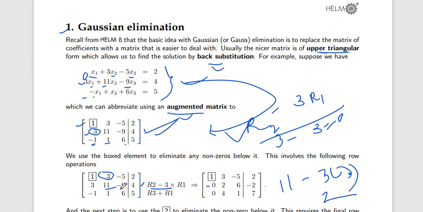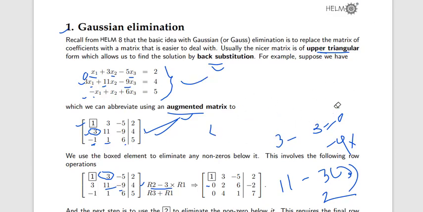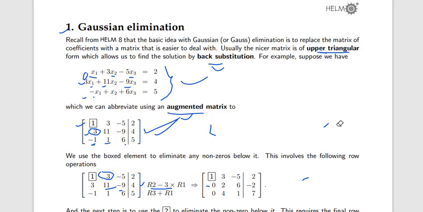Then, -9, R2 minus 3 R1: -9 minus 3 into -5. Here minus times minus gives plus 15, and -9 plus 15 is equal to 6.